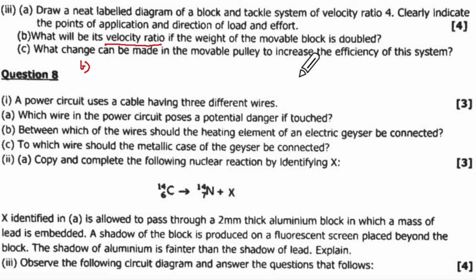Efficiency will be lesser, but velocity ratio, what will you say? Velocity ratio remains the same, constant. What will be the effect? It remains the same, that is VR equal to 4.